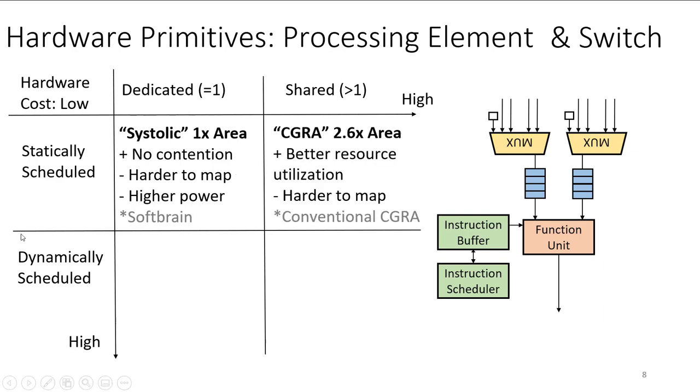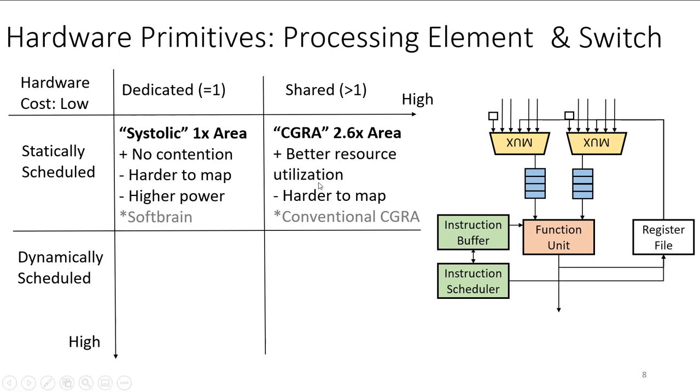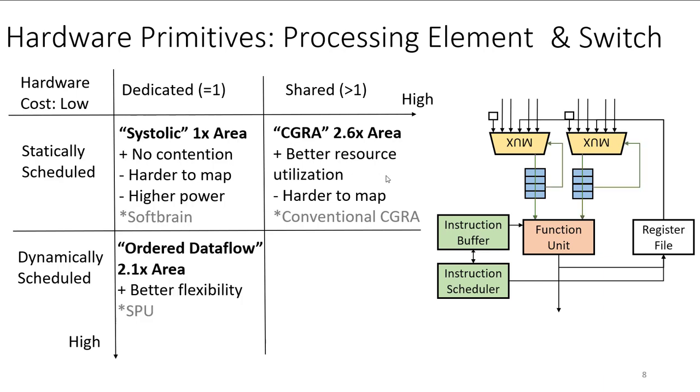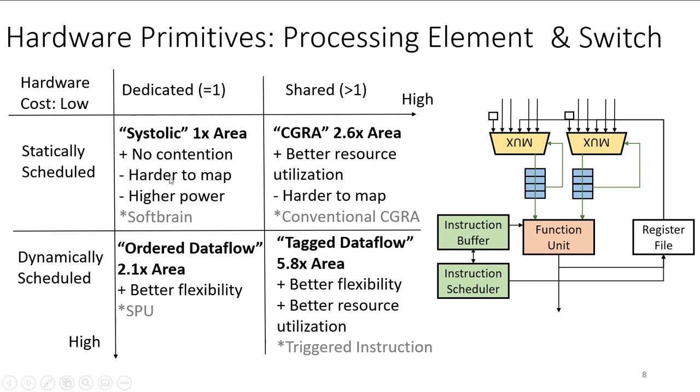Another option is to share the PE across multiple instructions, which allows offloading more instructions, and it requires a larger instruction buffer as well as the register file. To enable data-dependent control flow, we need dynamic PE scheduling. Ordered data flow architecture allows this for dedicated PE, and tagged data flow enables this for shared PEs.